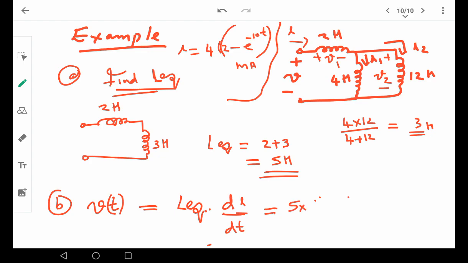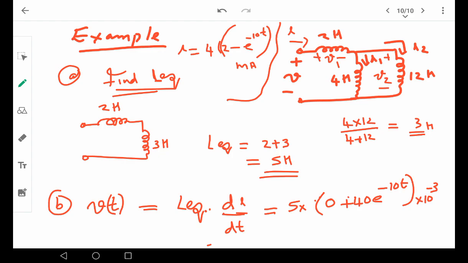4 into 2 is 8, so that is a constant, its derivative is 0, right? Minus, right, minus of minus is plus, that is plus 40 e raised to minus 10t. Okay, milliampere, so you have to write it as into 10 raised to minus 3.